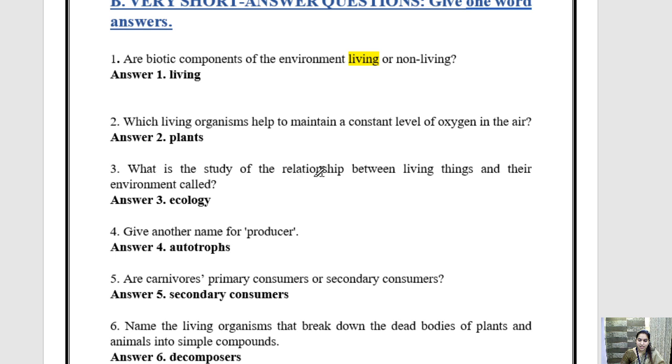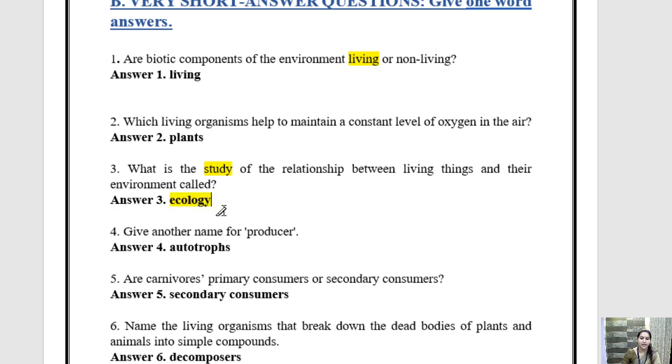What is the study of relationship between living things and their environment called? So what is the study of relationship between living and their environment called? Ecology. So ecology is the subject that deals with the relationship between living and their environment. Alright. So the subject that studies this is called ecology. If you are asked about a study, child, wherever the term study comes, what will you write there?